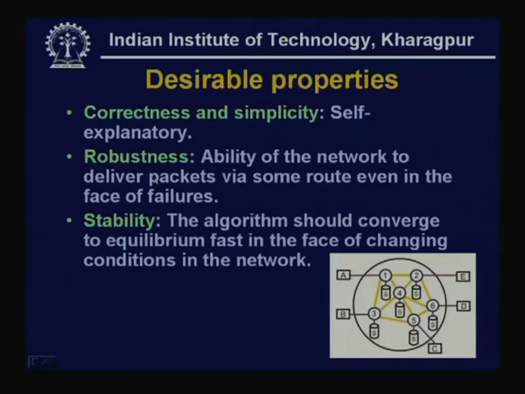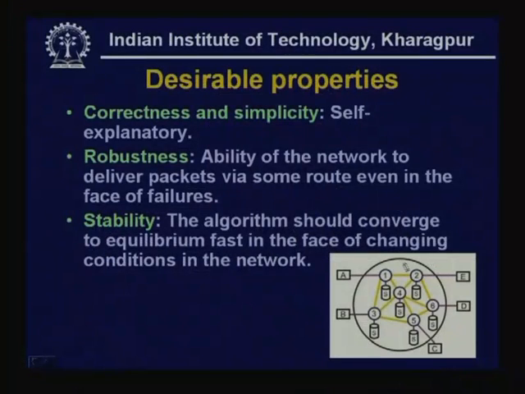The fourth important property, after correctness, simplicity, and robustness, is stability. The algorithm should converge to equilibrium in the face of changing conditions in the network. As I mentioned, the queue of packets may keep on changing quickly in the network.